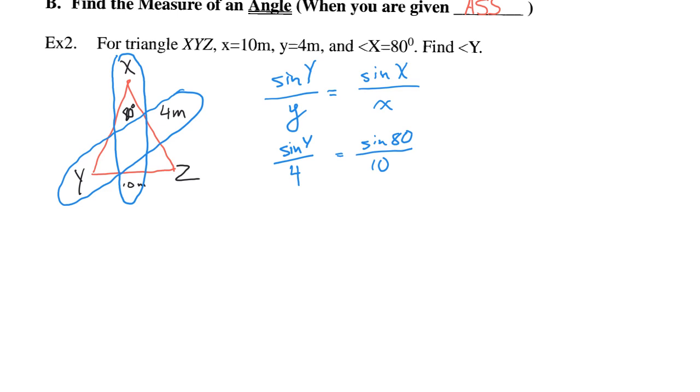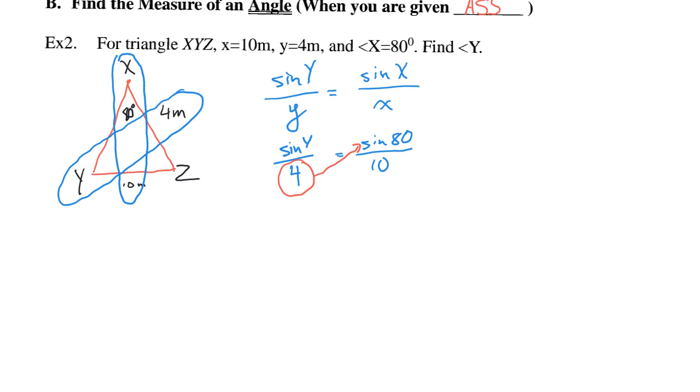Now, in order to cut down on the amount of work for these ones, we're going to do kind of like a cross product, but we're going to cut down on the work. If I have sine of Y over Y, the key idea is just take the 4 that's on the bottom and move it over to the right side.